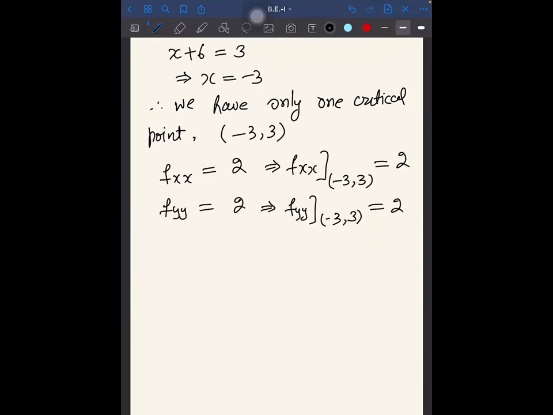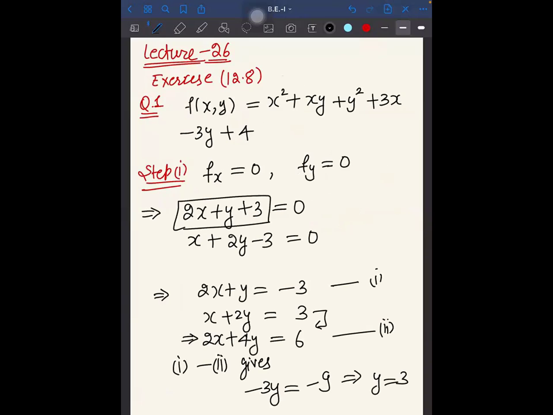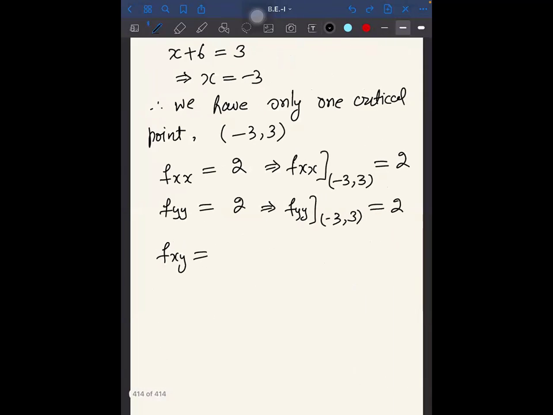So now we'll be calculating fxy. You already have fx, so we'll differentiate with respect to y, or you can also differentiate fy with respect to x. Differentiating with respect to y, we are only left with 1. So here fxy at minus 3 and 3 will also be 1. Now, first of all, your fxx is positive.